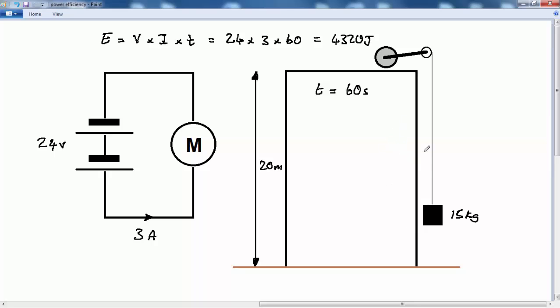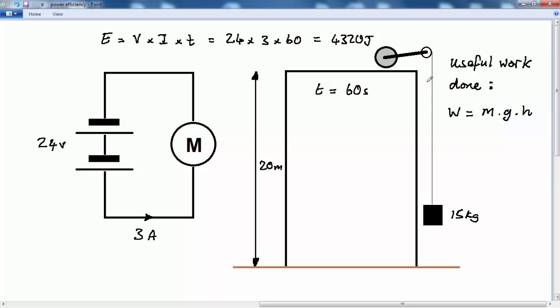So the question is, what is the useful work done by the motor in lifting the weight? Well, that's simply equal to, in this case, the change in gravitational potential energy. So the useful energy, or the useful work, W, is equal to m times g times h.